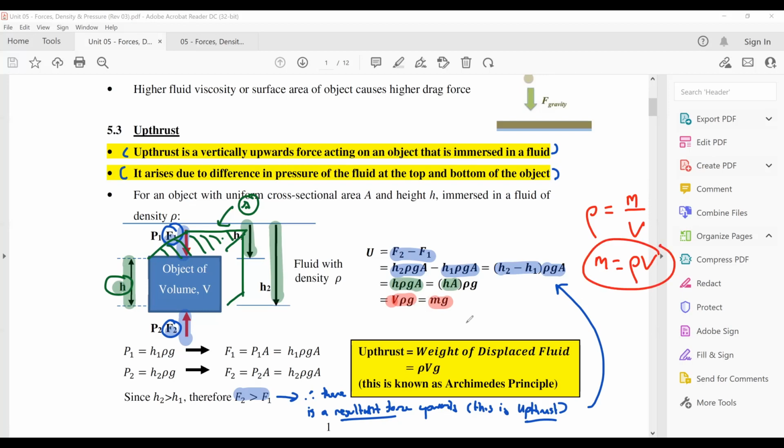Now the thing here is that you can recognize that this mg is an expression for weight. But my question to you here is, is this the weight of the object or the weight of, maybe I just write, liquid displaced?